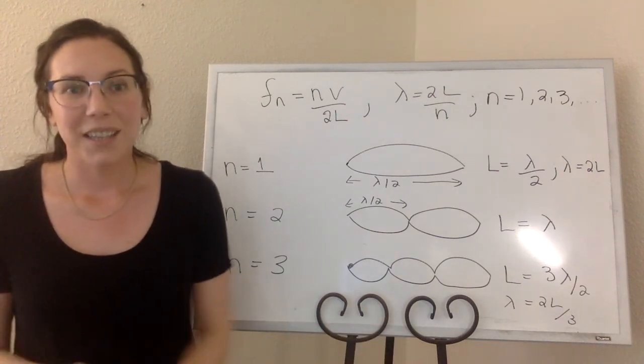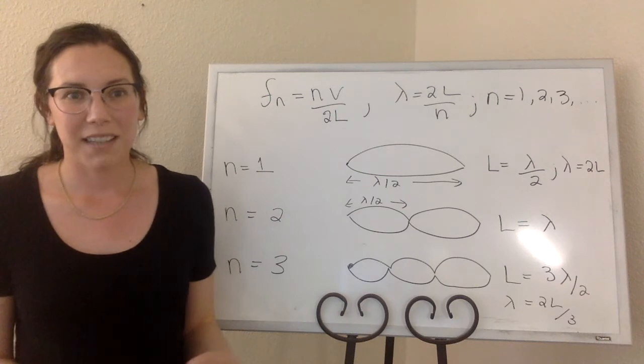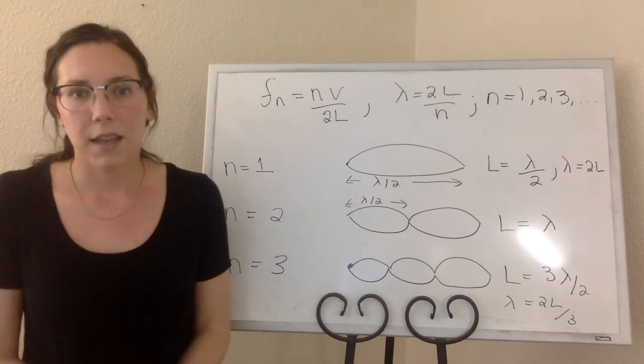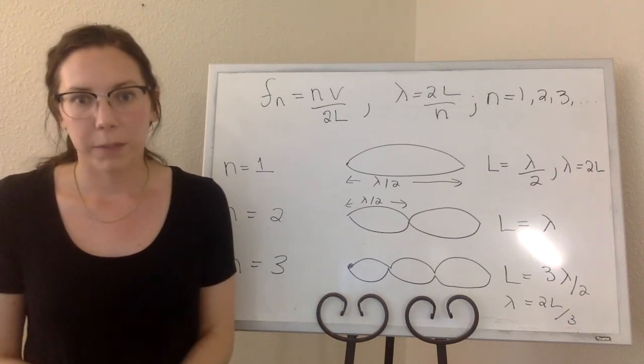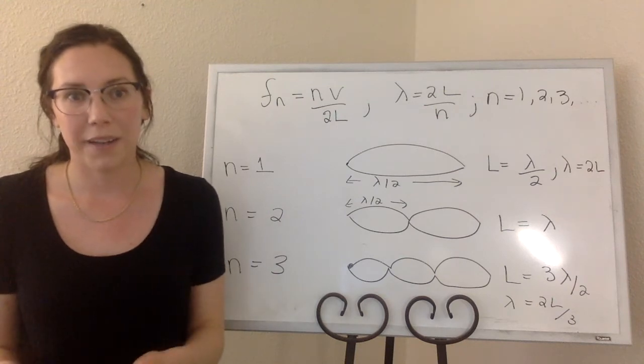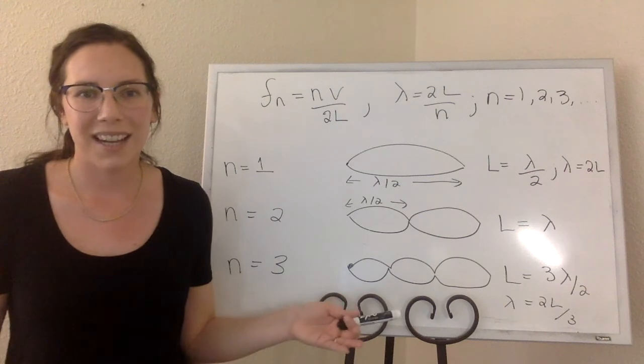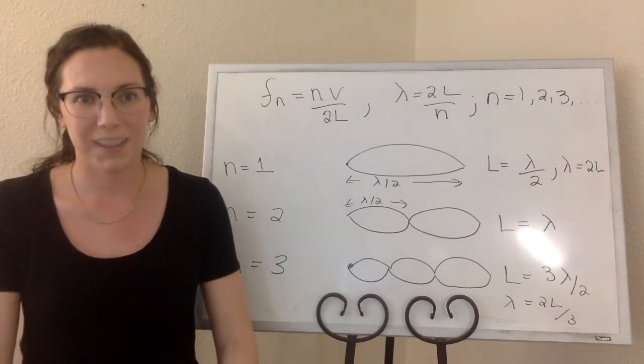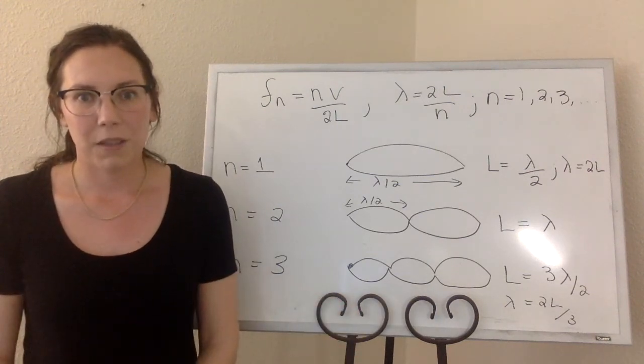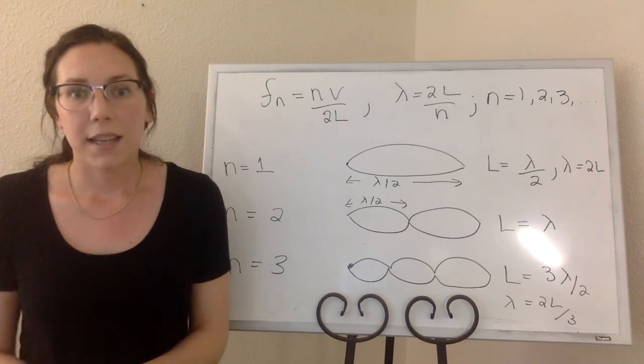Okay, and let's go over the labeling for these different harmonic frequencies. n equals 1 is the fundamental frequency. It's also called the first harmonic frequency. n equals 2 is the second harmonic frequency, and n equals 3 is the third harmonic frequency. Another term that's used to describe these harmonics is overtones.